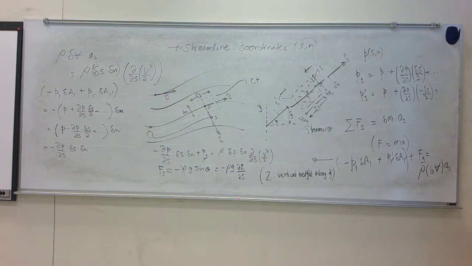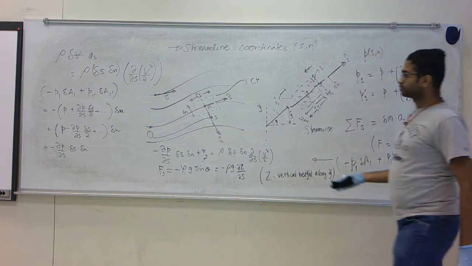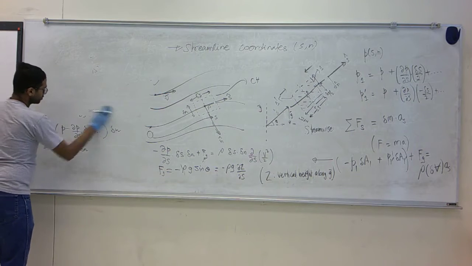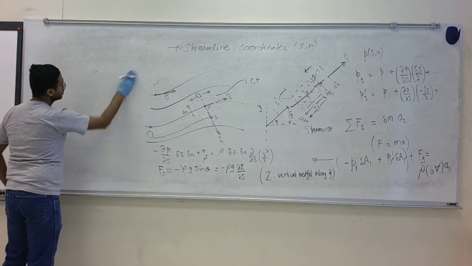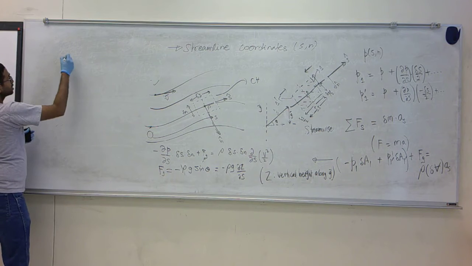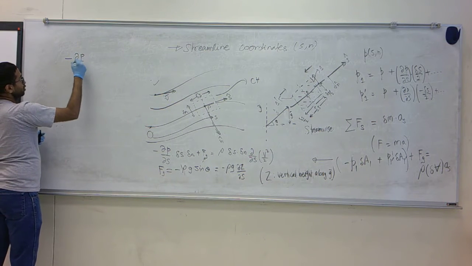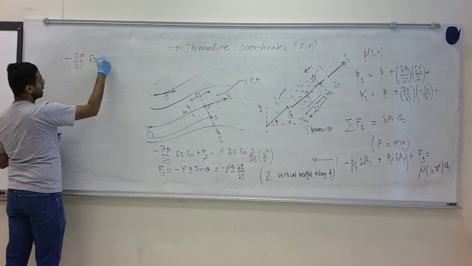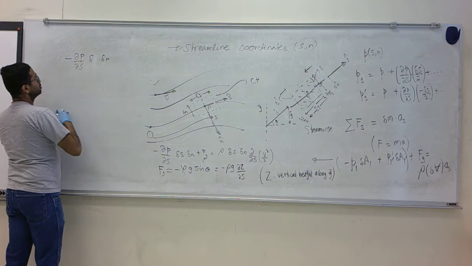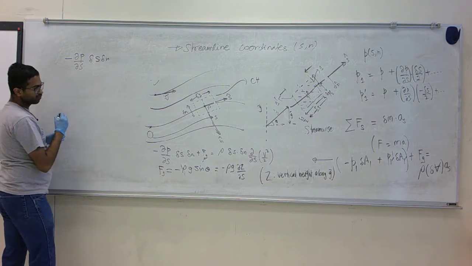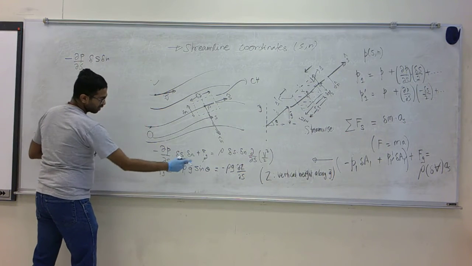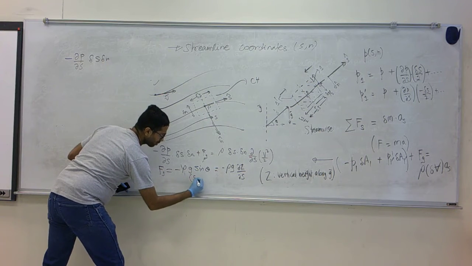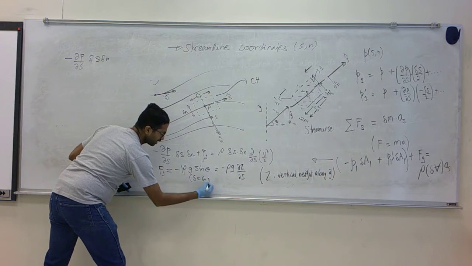Okay. So let's put all these together. I have minus partial p over partial s times delta s times delta n, okay, plus Fg, and Fg is minus rho g. I forgot to add, it has to multiply by the volume, delta s times delta n.